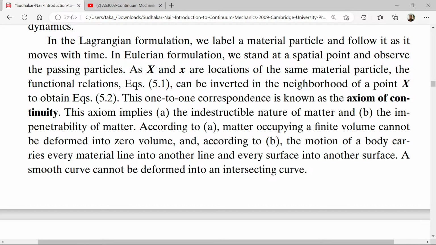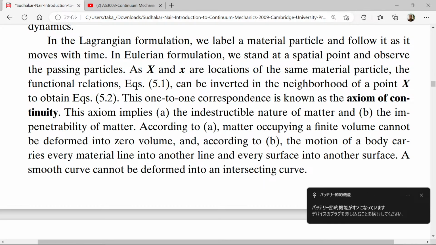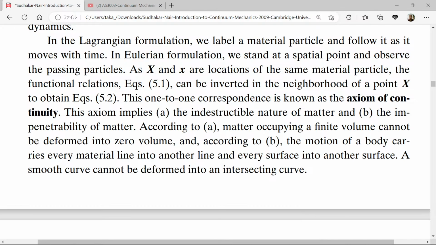In Eulerian formulation, we stand at a special point and observe the passing particles.